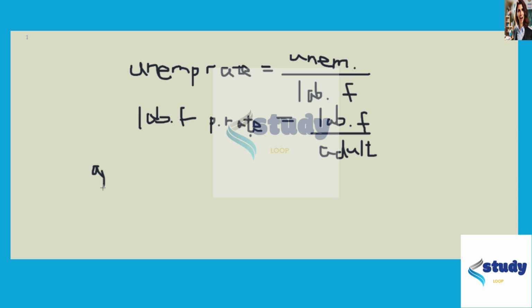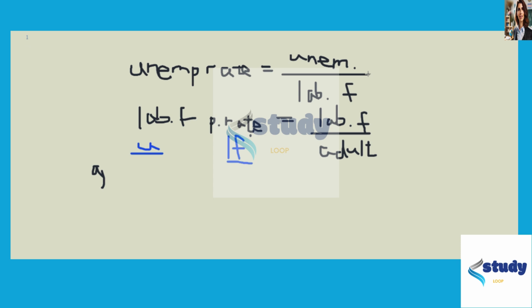So after a long search, John finds a job. I will write the unemployment rate here, and this is the labor force participation rate. So that means the number of unemployed people decreases, right?